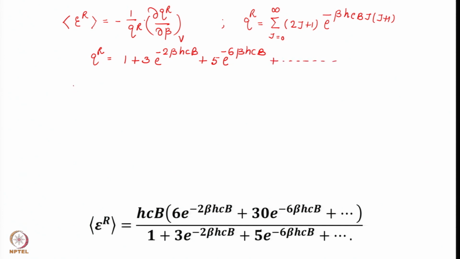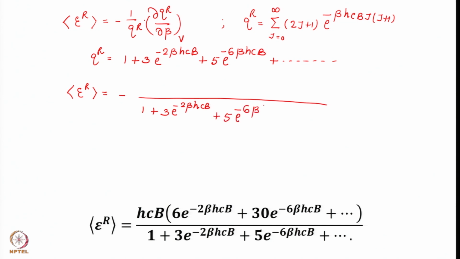And the mean energy is minus 1 by QR, with QR being 1 plus 3 exponential minus 2 beta hcB plus 5 exponential minus 6 beta hcB plus so on, and we have to take the derivative of QR.